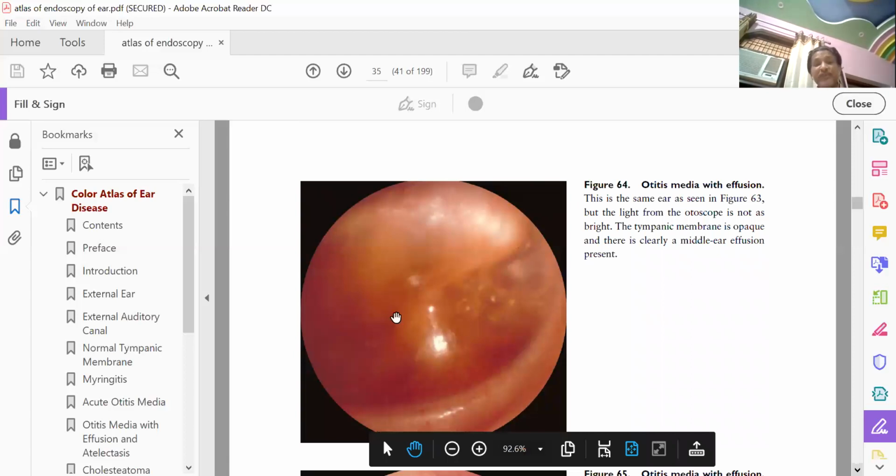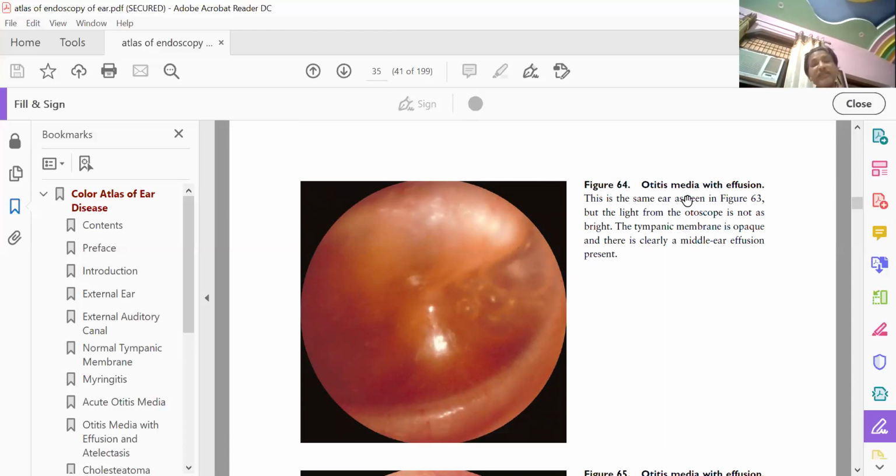If there is secondary infection or bacterial appearance in this ear from secretory otitis media or otitis media with effusion, we have three names for it. Number one is acute otitis media with effusion. Number two is secretory otitis media.